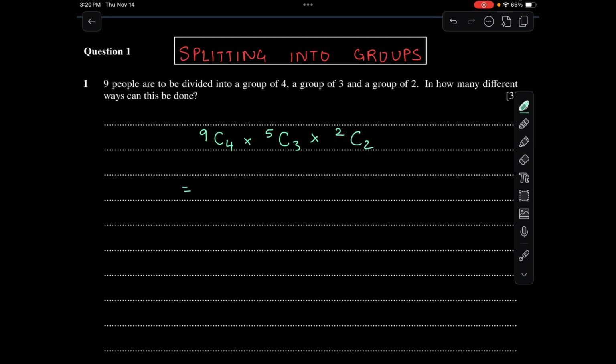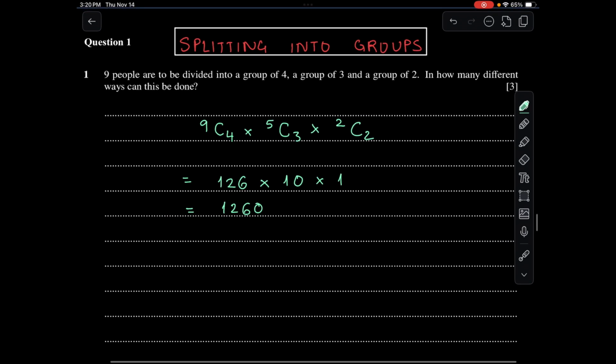This works out to be 126 for 9C4, 10 for 5C3, 2 choose 2 is 1. So this is 1260. Alright, so that's very easy, choosing or splitting into different groups.